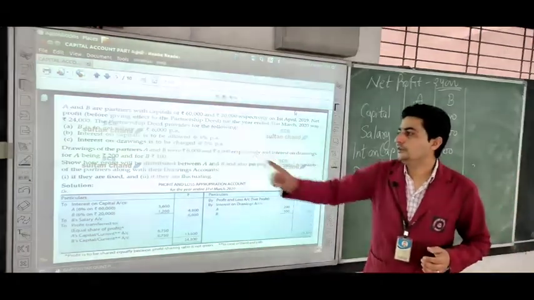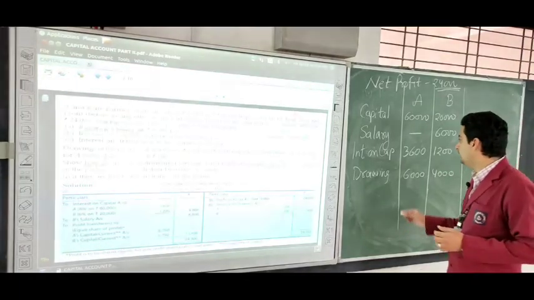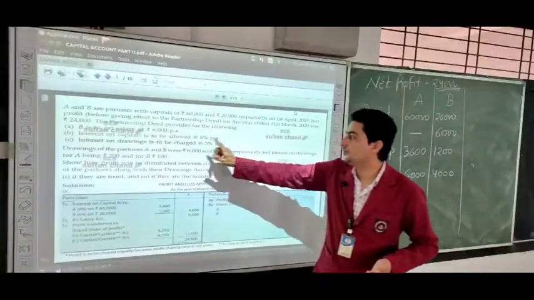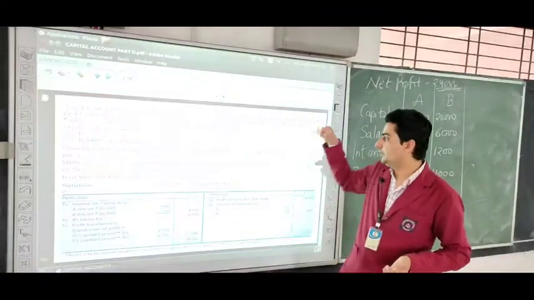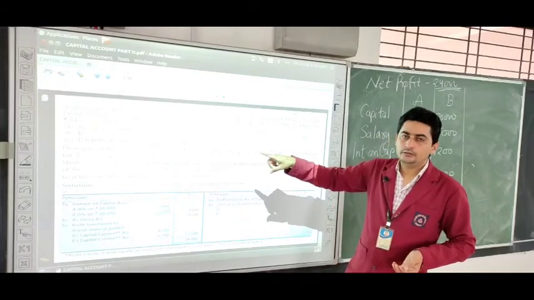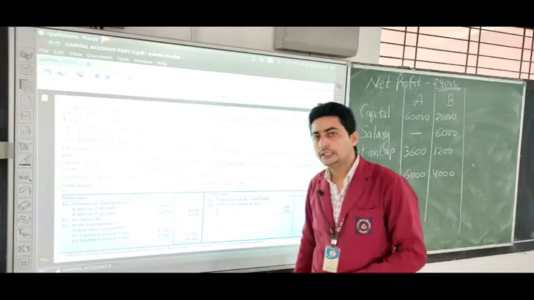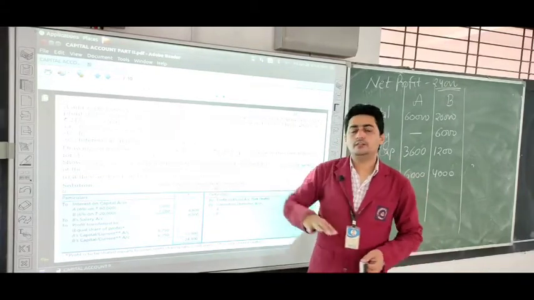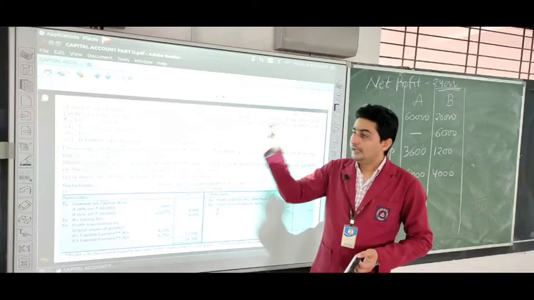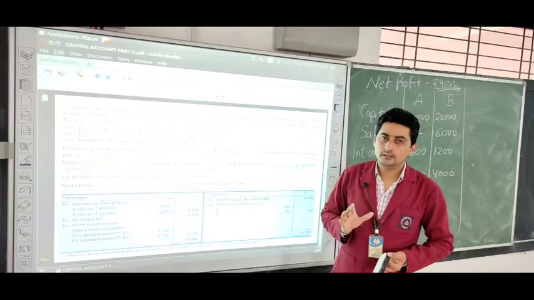Then interest on drawing for A being 200 and B 100. Now see, here we can see they have written here also interest on drawing is to be charged 5% per annum, and they had already given interest on drawing for A being 200 and 100. So students, when we are having both the things, it means question is saying that the interest on drawing will be charged on a particular percentage, and again the question is saying that interest on drawing amount is this and this.